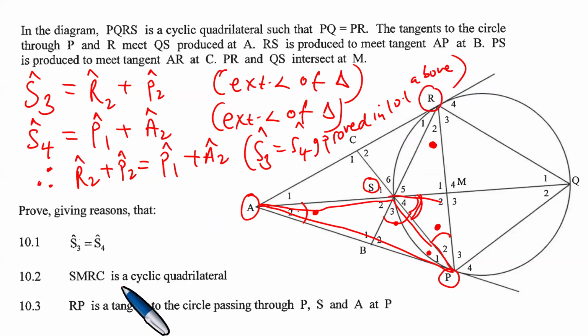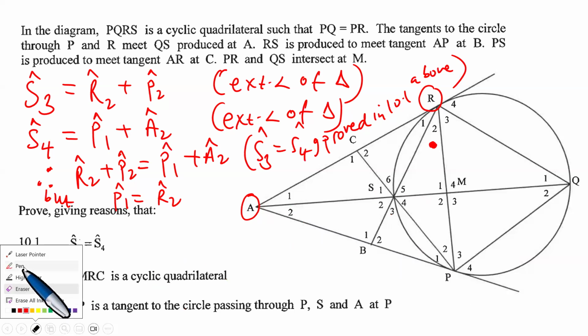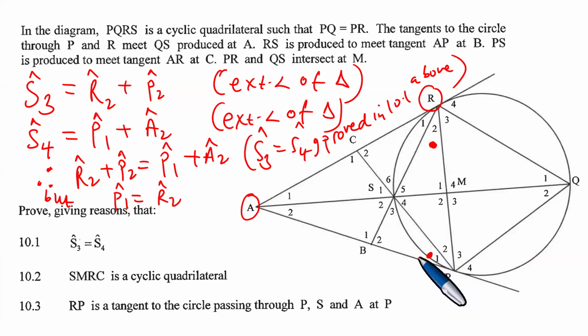Now, let us analyze this together. Note that it is true that angle P1 is equal to angle R2, and this is due to an obvious result, the tangent chord theorem.